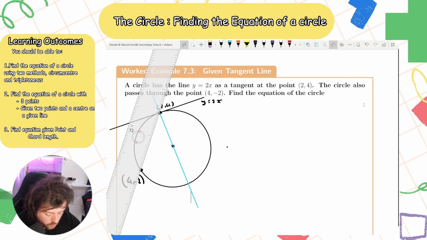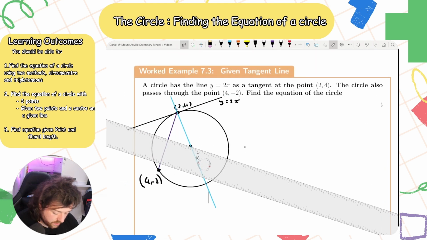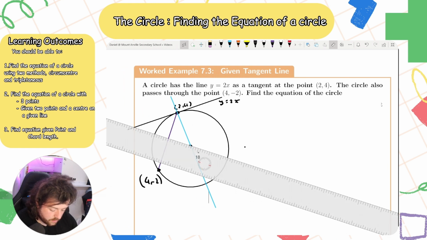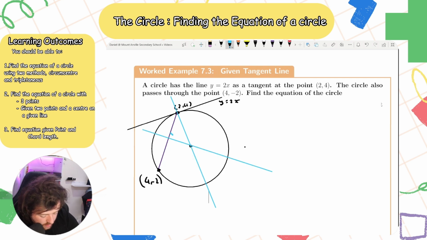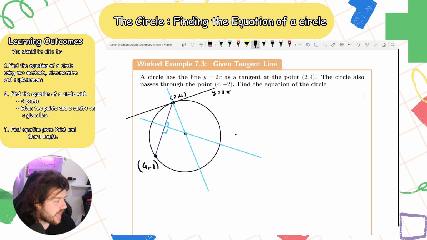I'm going to make a chord here, and then the perpendicular bisector of this chord will go through the center. So I have two equations to find, and I solve them simultaneously to get my center point. How fun. So let's go.